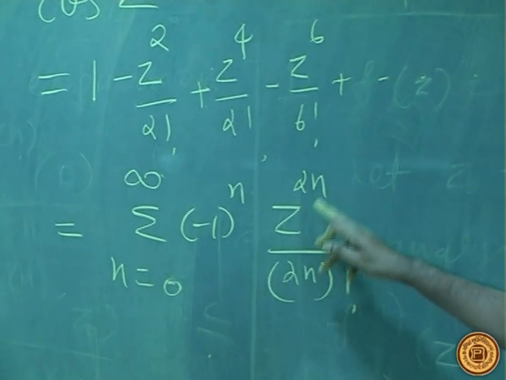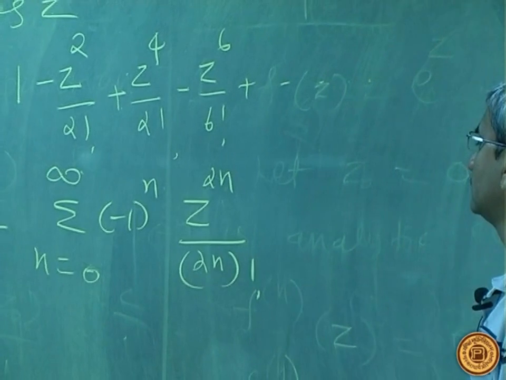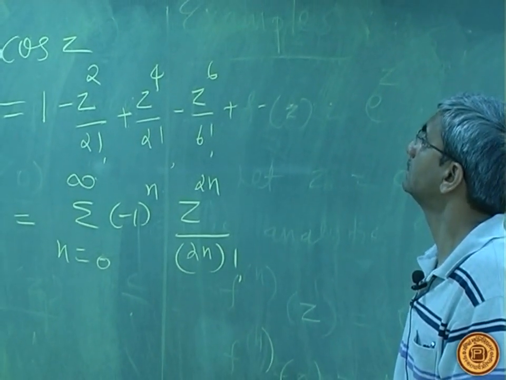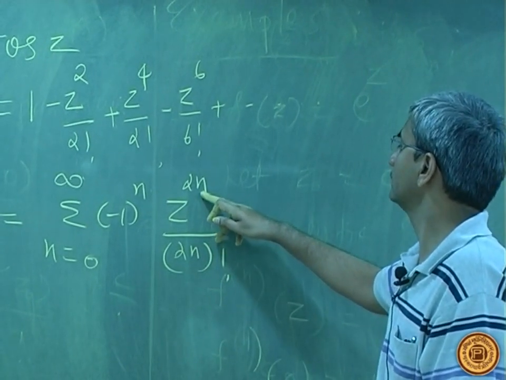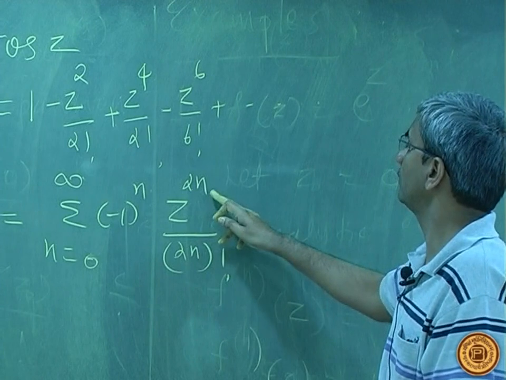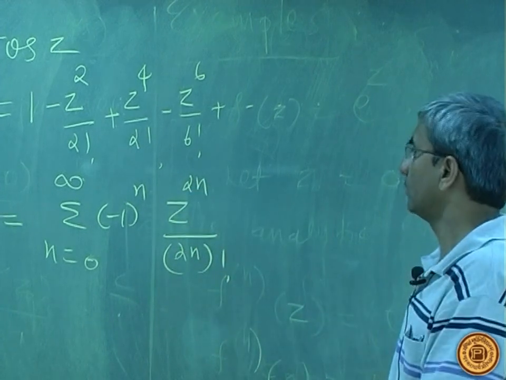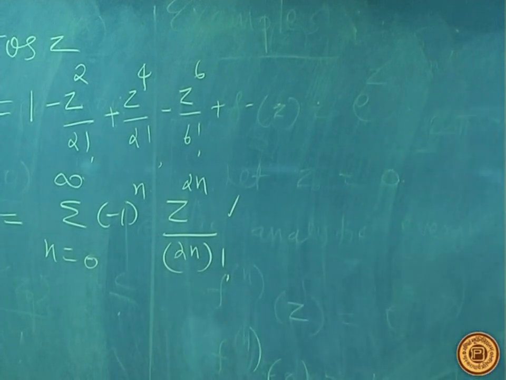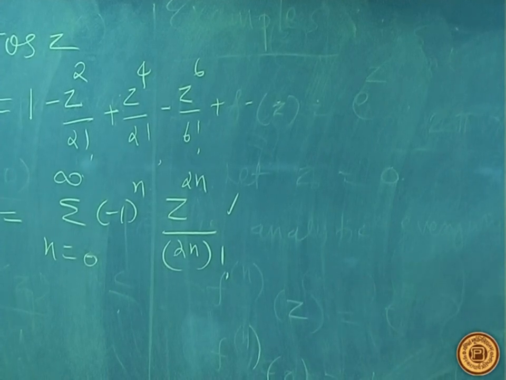For n equal to 1 it is minus sign, n equal to 2 it is plus sign, 3 it is minus, like that. So this is the Maclaurin series expansion for cos z. Similarly you can find sin z, so I leave that to you.